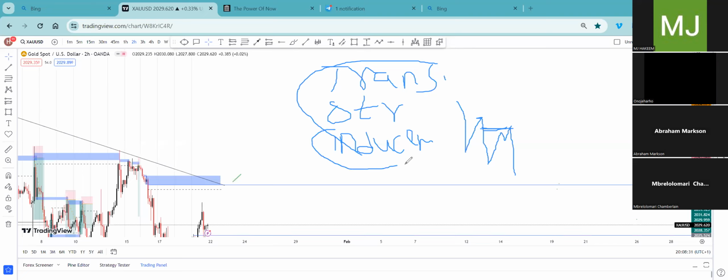Whereas inducement liquidity is for expansion. What do I mean by the word expansion? It's very simple. So now for the inducement liquidity, let us assume the market has been coming down, forming a lower low and a lower high, like that.